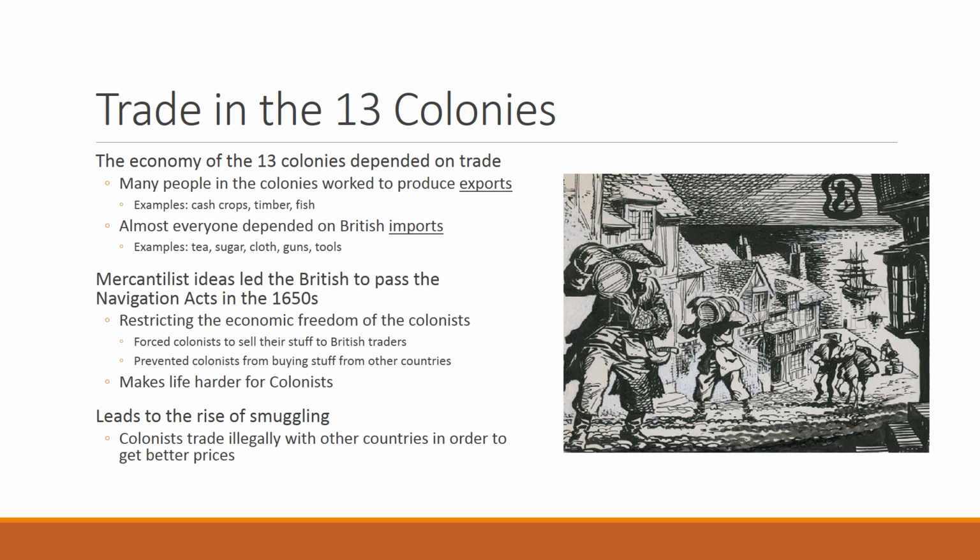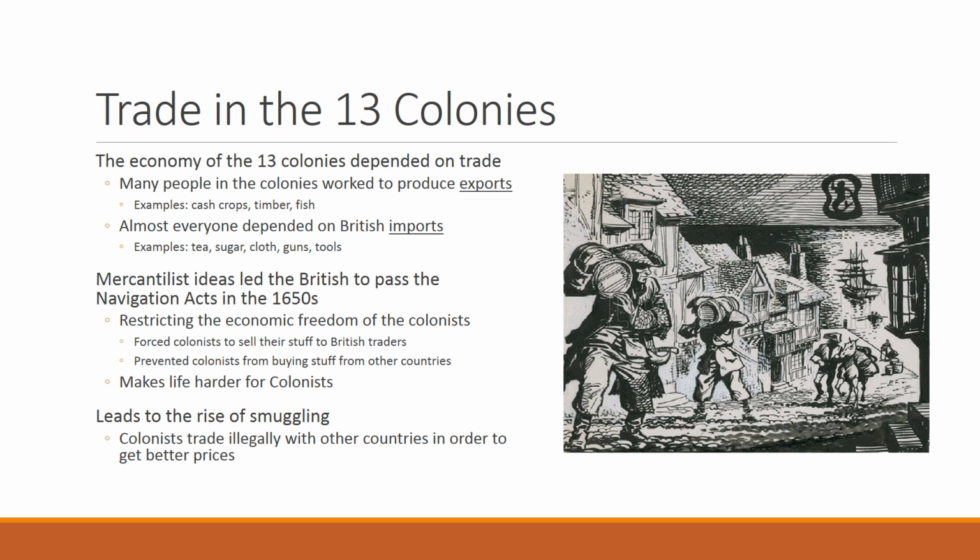Smuggling, of course, is when you move goods illegally. The word is often used today with the international drug trade, with people moving illegal substances back and forth across the border. This is essentially the same thing as what was happening in the 13 colonies, except instead of moving illegal drugs, they were just moving illegal stuff.